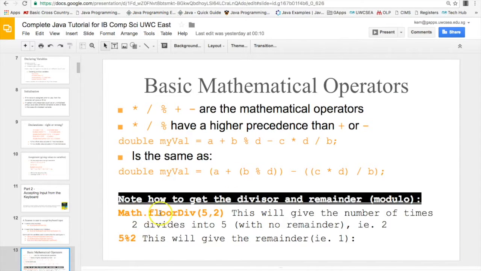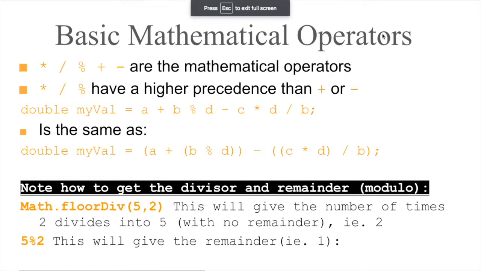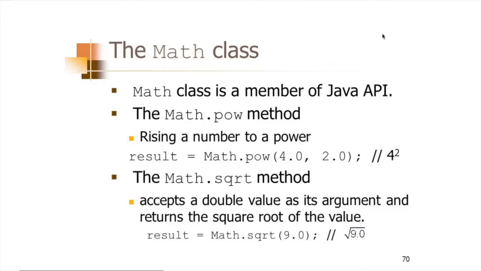If you say Math.floorDiv(5, 2), that will give you the number of times that 2 goes into 5 with no remainder, so that will give you 2 back. Okay, so that's another handy thing to know. That frequently comes up in exams, and it's called the modulo, which we'll do a little bit later.